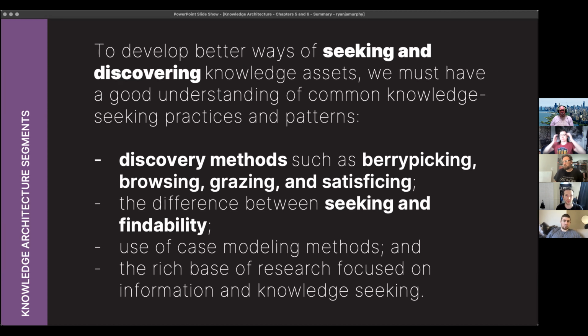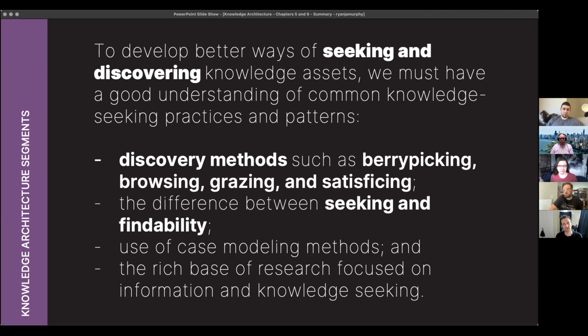Yeah. So the discovery methods she's talking about here are concepts in LIS. Berry picking is a very old one, the idea of a user that goes into the library and they're looking for, let's say, research on coffee, which seems to be a metaphor. They're going to pick various sources that look good from the index and say, okay, I need a source on how coffee beans are grown, and so on.